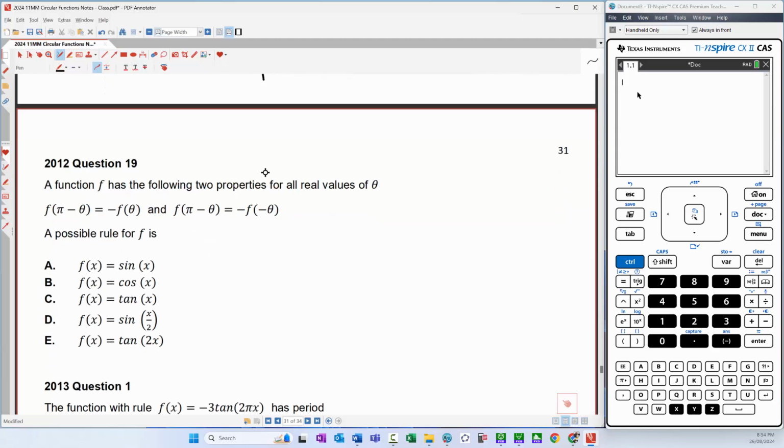Okay, if a function has the following two properties, what they're saying is we've got an angle theta.